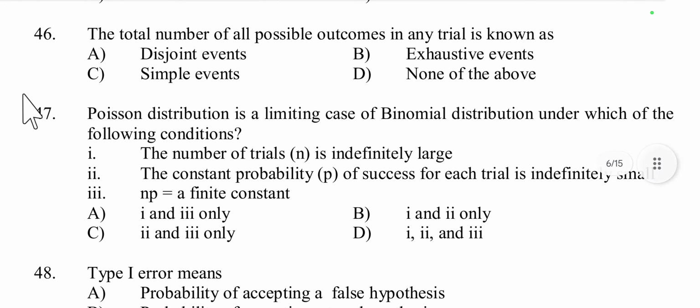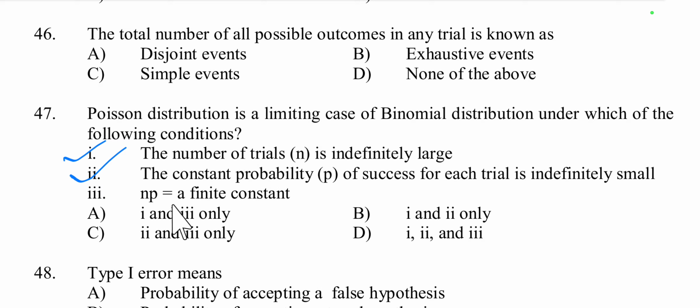Then question number 47. Poisson distribution is a limiting case of binomial distribution under which of the following conditions? The number of trials n is indefinitely large. Yes, this is correct. The constant probability p of success for each trial is indefinitely small. Yes, this is also correct.